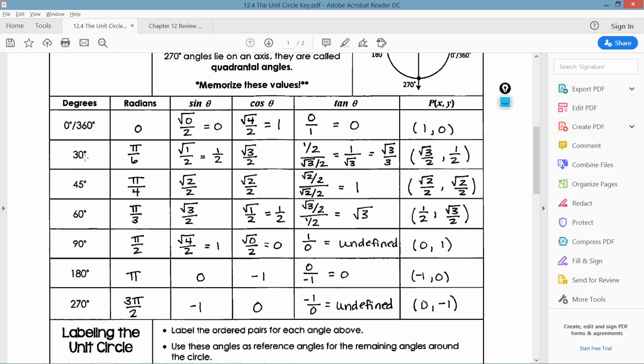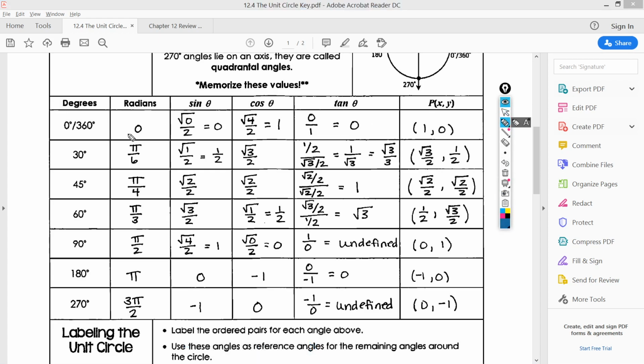So first, let's talk about the first column here, radians. This is very easy. We already talked about converting from degrees to radians, right? You take your degrees and you multiply by pi over 180.